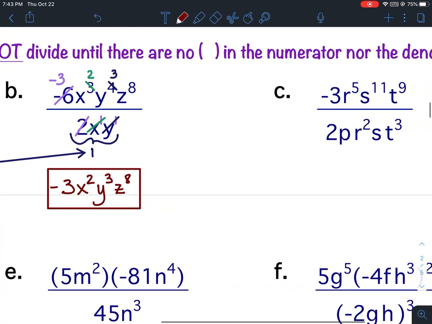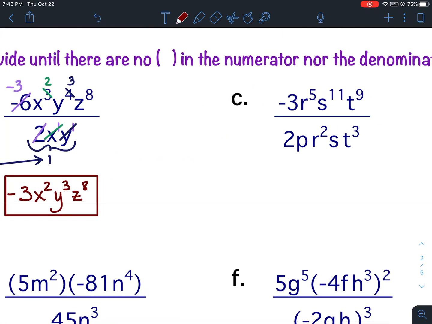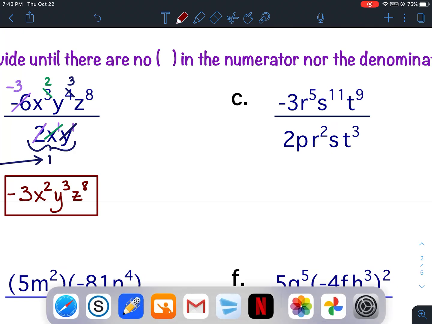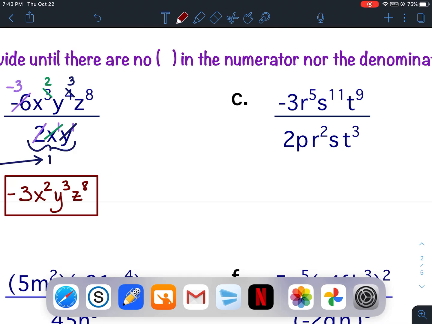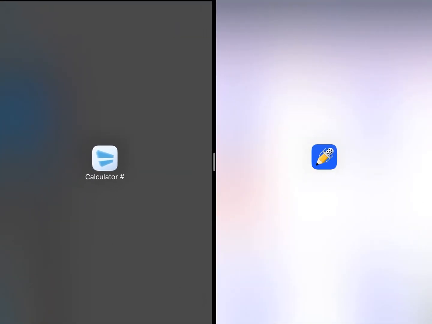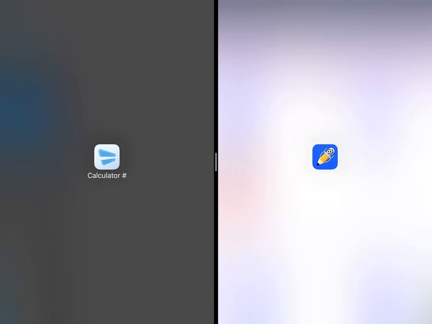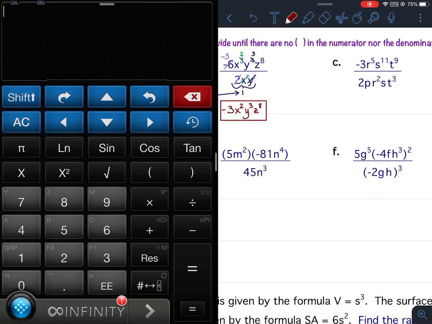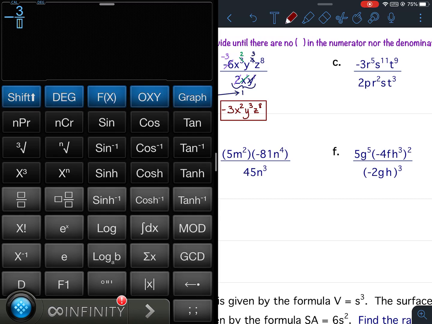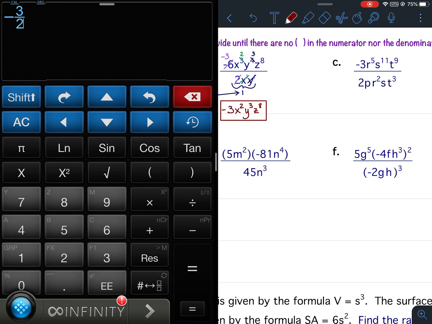All right, C. If you would put -3 over 2, let's put that in the iPad calculator. All right, so I put in -3 over 2, hit enter.